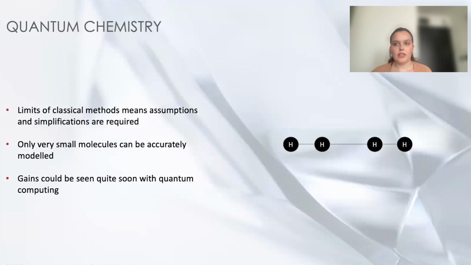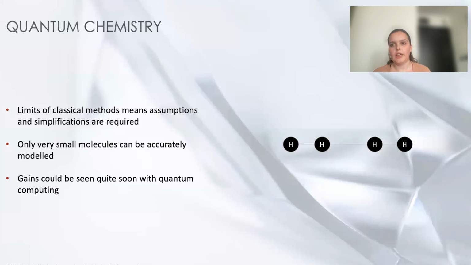Okay, so to go into a little bit more detail here, when we do modeling of molecules at the moment, we're actually not able to model very large chemical systems without making quite severe assumptions.